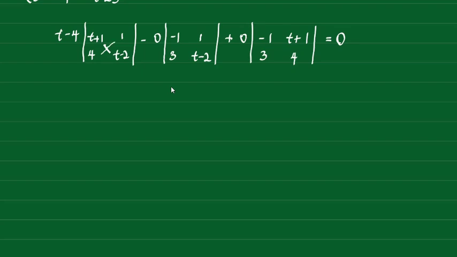Now we're going to have t minus 4, bracket open, t plus 1 times t minus 2, minus 4 times 1 giving us 4, bracket close, all equal to 0. We note that the other terms would give us 0, hence no need to write them out, in order to save our time and save us the stress.